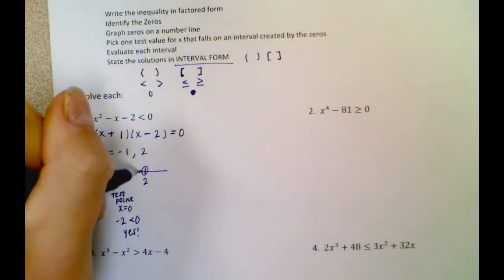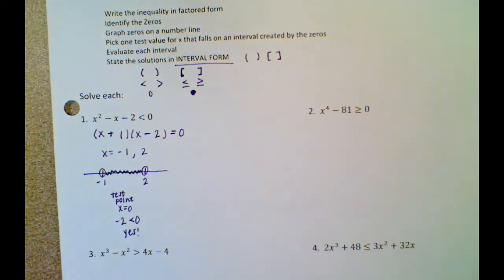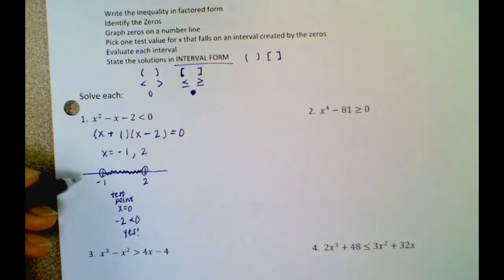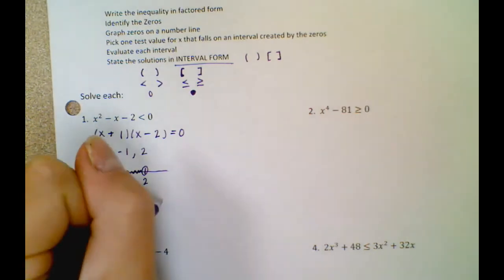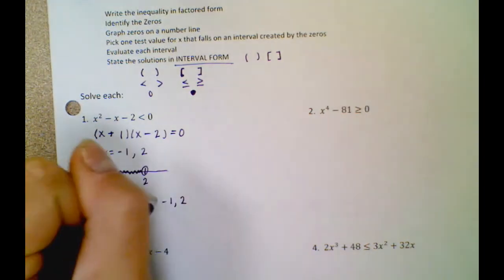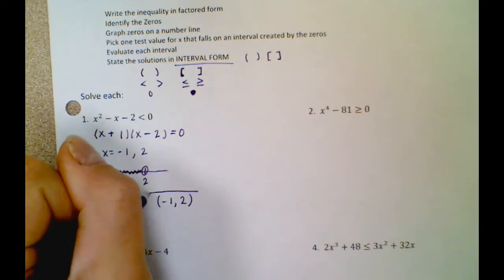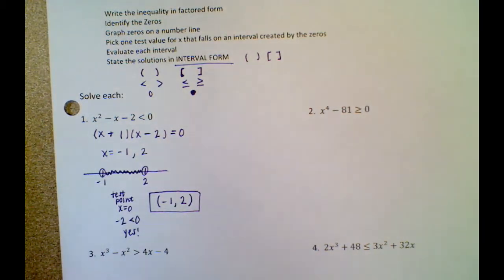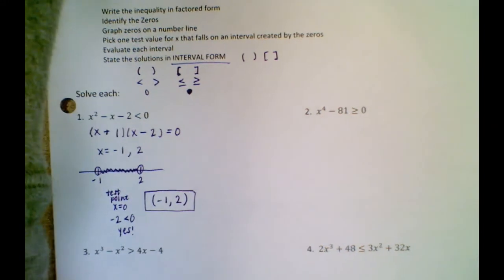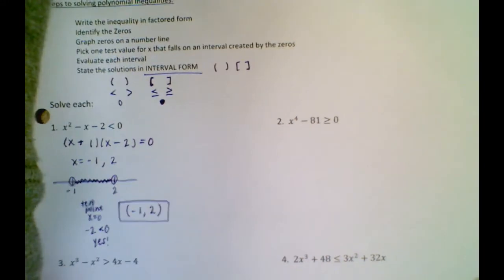So that means my solutions are in between right there, okay? If the statement was not true, then you would know that your shading goes on the outside here, okay? So because it's true, that's my interval. So my solutions fall in between -1 and 2, and I'm using parentheses because the solutions cannot equal -1 and 2. All right?